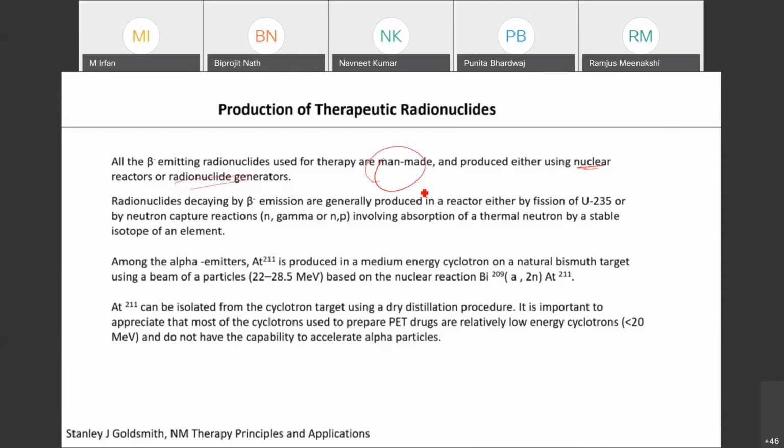Radionuclides which decay by beta emission can generally be produced in a reactor using the fission of uranium-235, or by the neutron capture reaction.